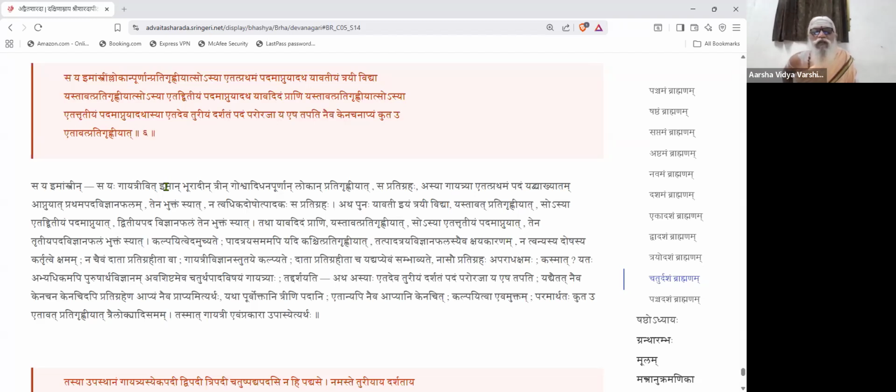He is saying "tad darshayati," what? "Atha asyaha etadeva turiyam darshatam padam paro raja ya esha tapati." So we have already seen the meaning for this. So that is what now again is alluded to, the fourth pada. And "yadi etat naiva kenachana kenachidapi pratigrahena apyam naiva prapyam ityarthaha."